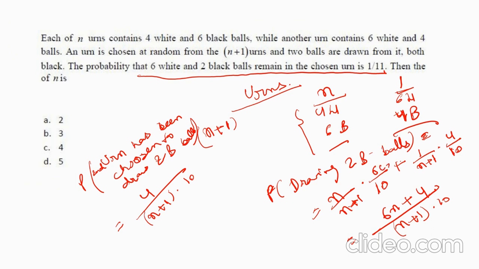We are choosing two black balls, so it should be C2. 10 C2 will be 10 times 9 by 2, so that is 45.